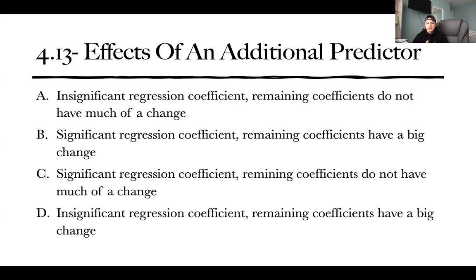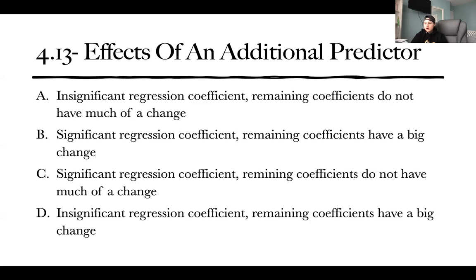Our next possibility is when the new variable does have a significant regression coefficient and that the previous variables are changed in a substantial way. In this case, the variable should be retained, but collinearity needs to be examined before adding the variable to the data set. Our next possibility is that the new variable has a significant regression coefficient, but previous variables are not changed. In this case, our new variable should be included in the data set.